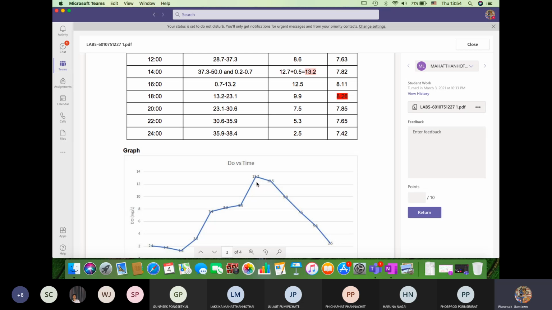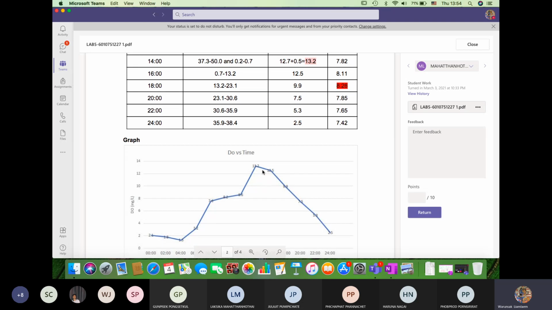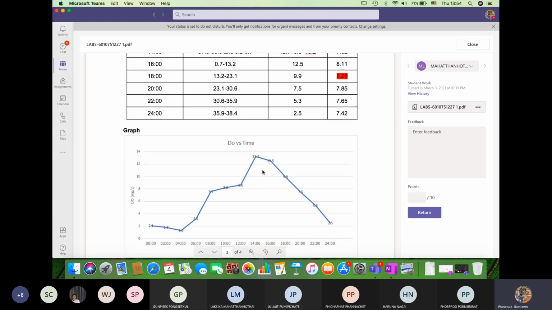So large quantities of phytoplankton growing during the daytime produce a lot of oxygen due to photosynthesis. That is why if you measure the dissolved oxygen during the daytime at 2 to 3 o'clock, you will get a very high value. It's even above the normal saturation concentration.